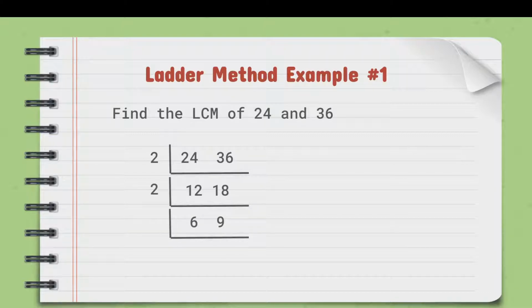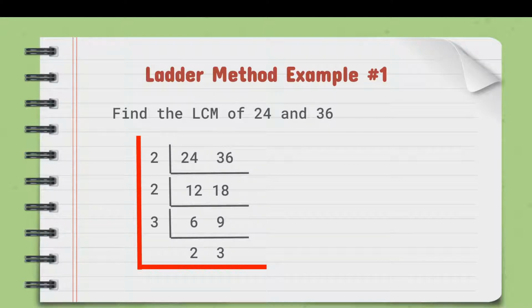Now 3 goes into 6 and 9, and you get the last two numbers, which are 2 and 3. As I've said, draw an L and multiply everything on the way. So after you do the calculation, the LCM is equal to 72.